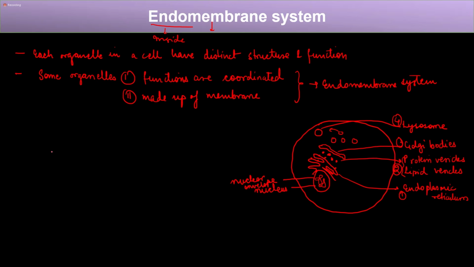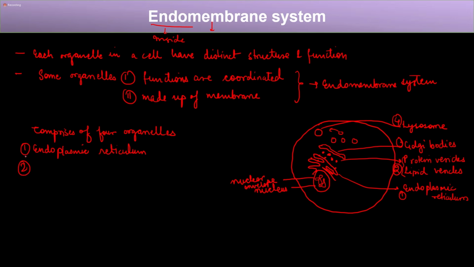this endomembrane system. So the endomembrane system comprises four organelles. What are these organelles? The first organelle is endoplasmic reticulum.